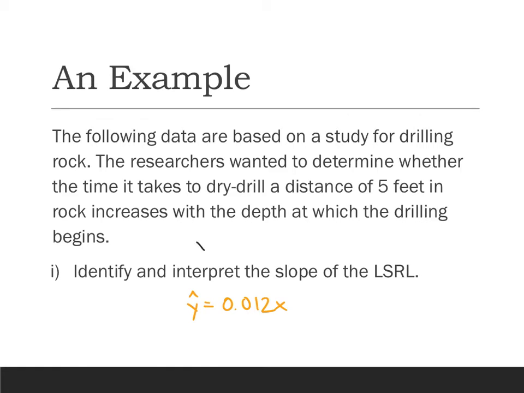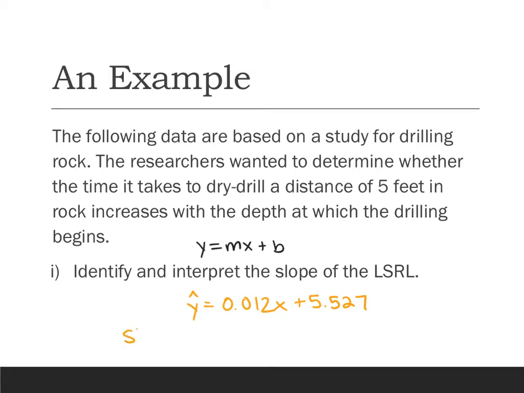That's that basic equation. Yes, our calculator calls it a and b instead of m and b, but that number in front of the x is still our slope.